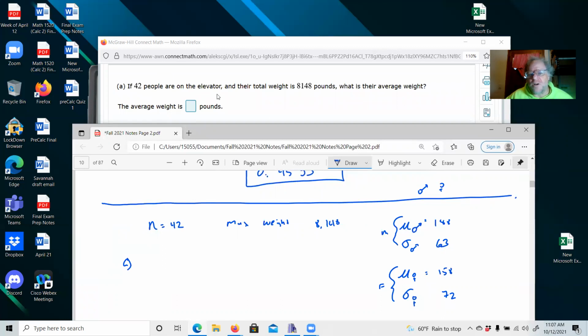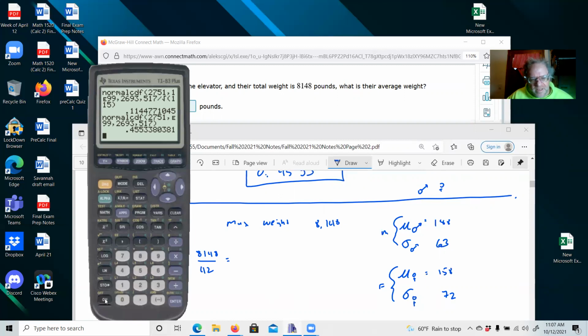If 48 people are on the elevator and their total weight happens to be 8,148 pounds, what is their average weight? So what we're going to do is X bar is equal to 8,148 divided by how many people are on the elevator, 42. So we're going to say 8,148 divided by 42. Of course, it came out to be an integer.